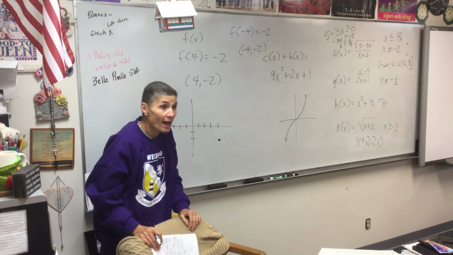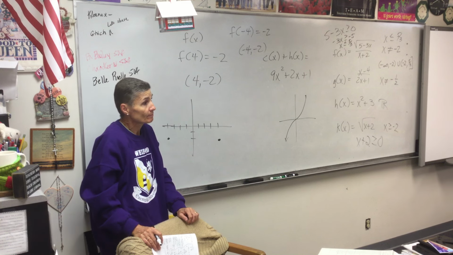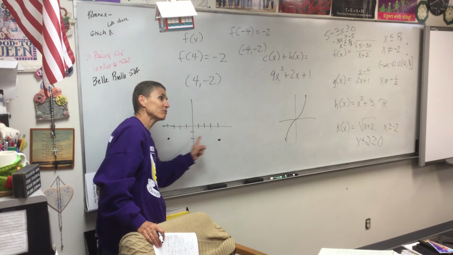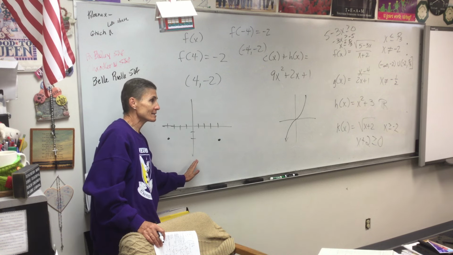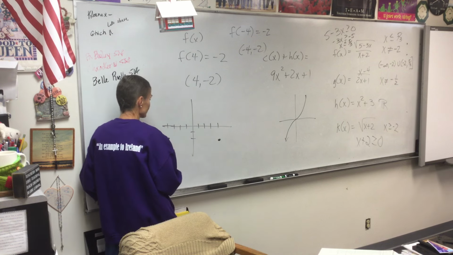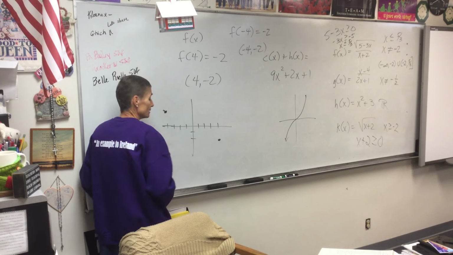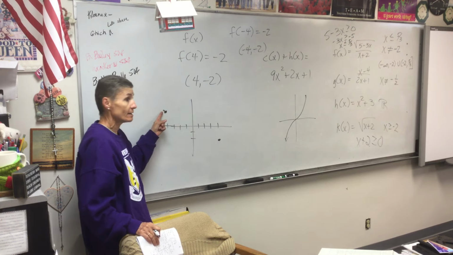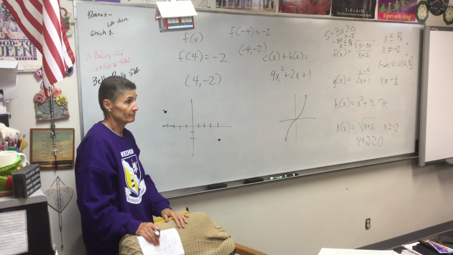So based on that, would you say this is even, odd, or neither? Even. Why? These points are reflections of each other across the y-axis. If this had been the first point, and this had been the second point, then we would be reflections across the origin, and that would be odd.